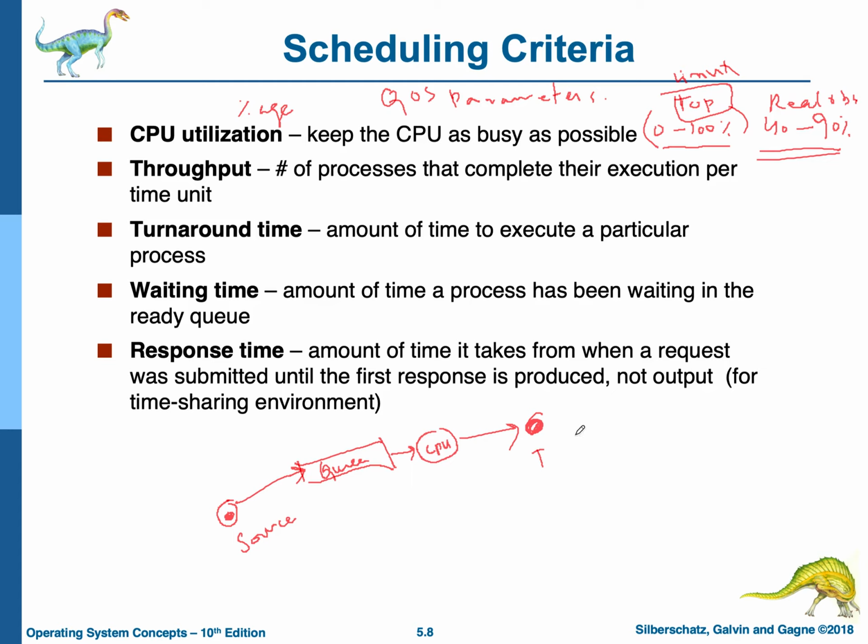Maybe the process is completing 5 jobs per second. So this is throughput. This is a time bound thing: the number of processes that complete their execution per unit of time, for example, 5 jobs per second. Maybe we can have another queue, but whatever, it is how many jobs we are getting at the end of this server.